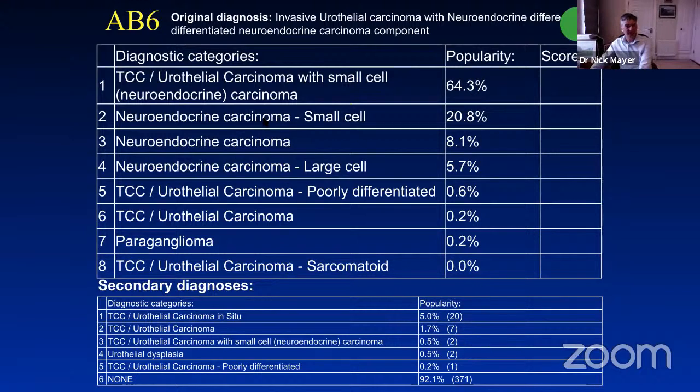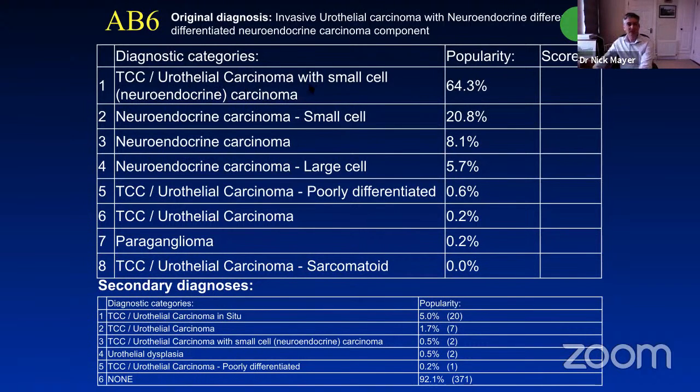Another thing to say is the current definition in terms of nomenclature in the WHO is really to bottom line something where it's predominant small cell differentiation as small cell carcinoma, even accepting there might be some urothelial carcinoma as well. And that may explain why some people have gone for pure small cell versus the other option, which was TCC with some small cell.